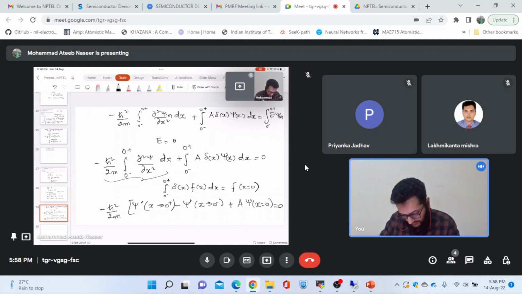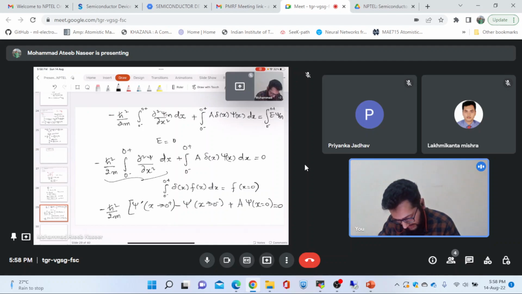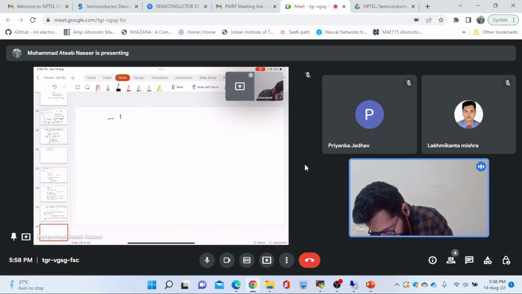Now if I put x tending to 0 plus, I will be left with b, and if I put 0 minus, I will be left with minus b. So I will put these limits and get minus h bar square by 2m times b minus minus b.